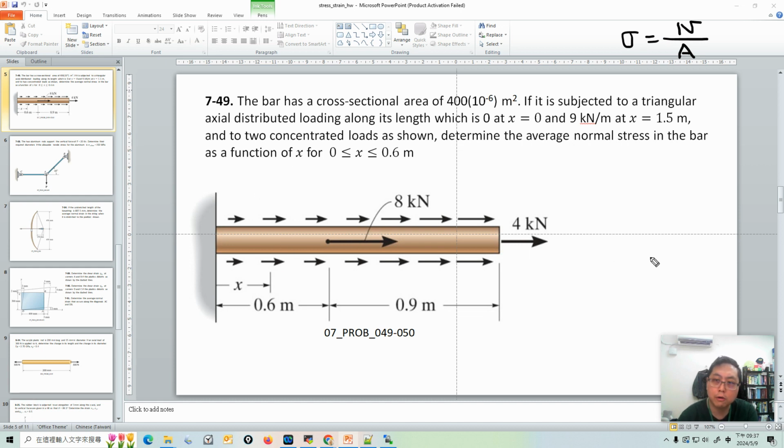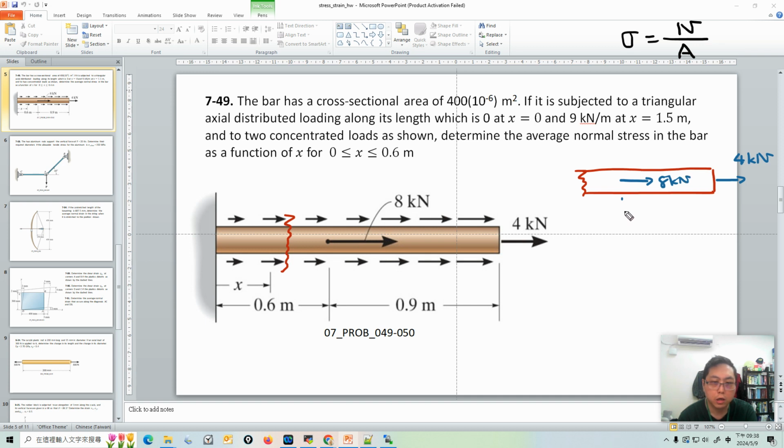So we just use the same skill, the method of sections, to calculate the normal force in this region. We cut a section here and do the analysis on this cut section. It applies 4 kilonewton here, and 8 kilonewton here.